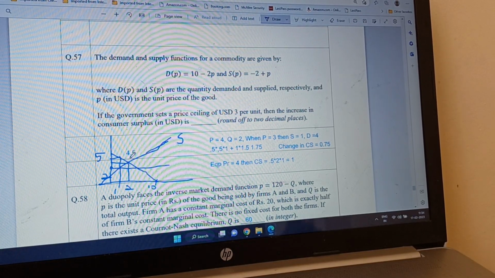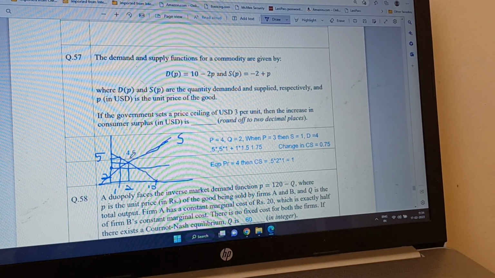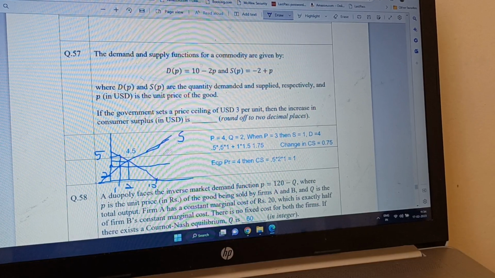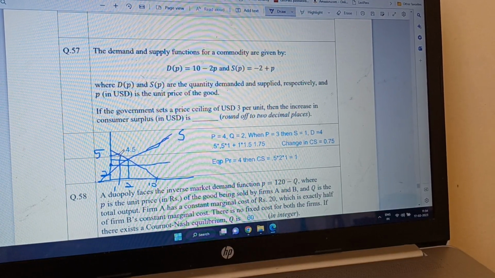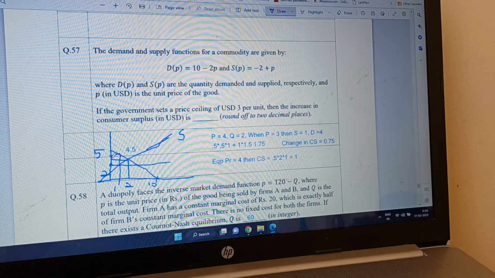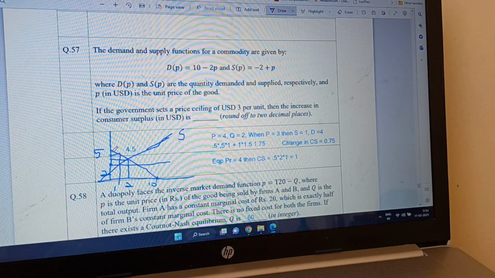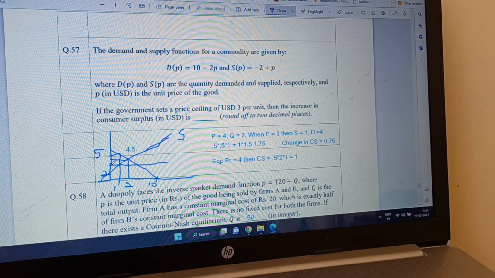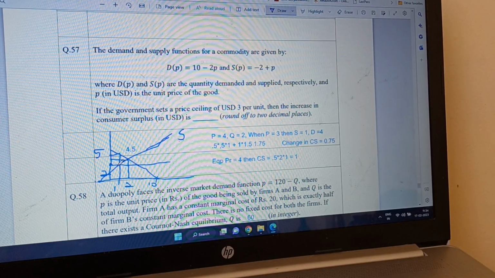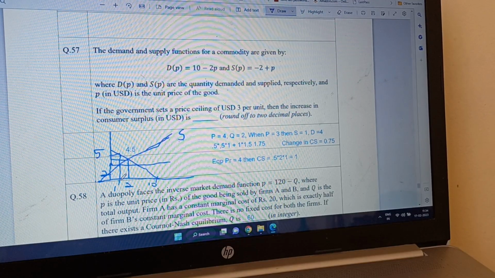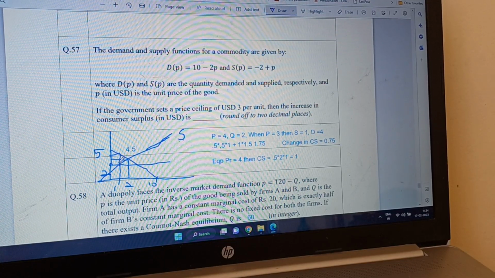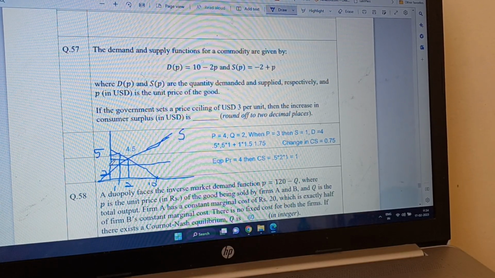What happens when the price is equal to 3? When price is reduced to 3, we have consumer surplus only up to this rectangle plus this triangle. So that way we will have consumer surplus in this area. Here the base is only 1, and for the rectangle, the height is how much?